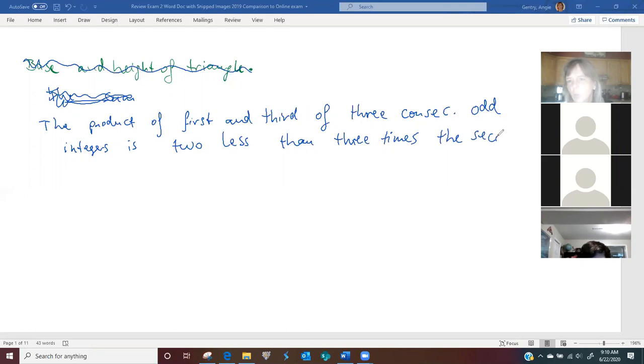And this is terrible, but I just want you to learn how to grab and translate and not be intimidated by this. So the first thing you do is you say the product of first, oh my gosh, that's a lot of words. I'm not even going to deal with this. It's an integer problem, let x be. So that's what you do. And then you say first, second, third.